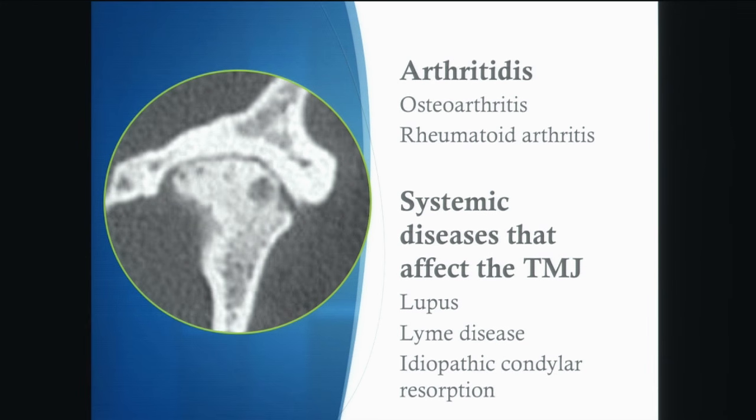The great news in terms of osteoarthritis of the TMJ is that it is unlike osteoarthritis of the knee, which is a situation where the knee degrades to the point where you're going to have a joint replacement. Arthritis in the TMJ is self-limiting and will eventually burn out.